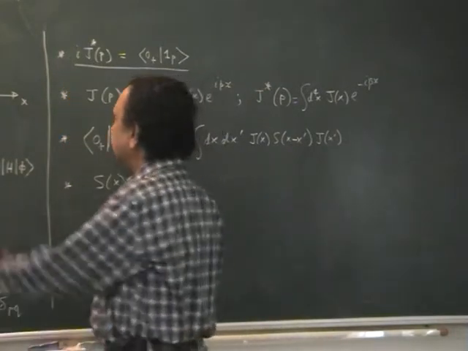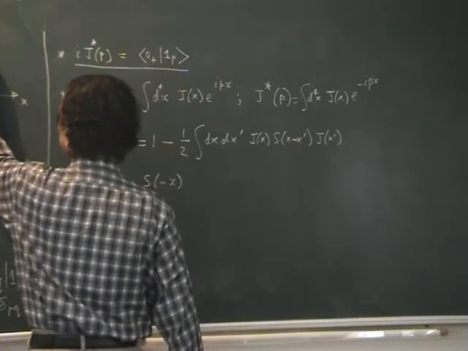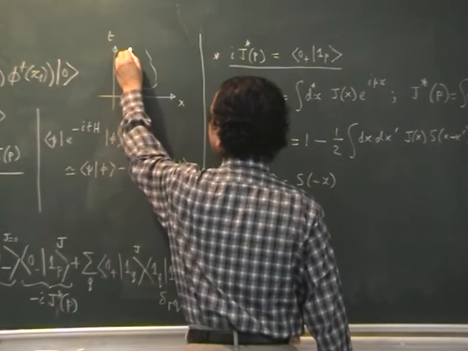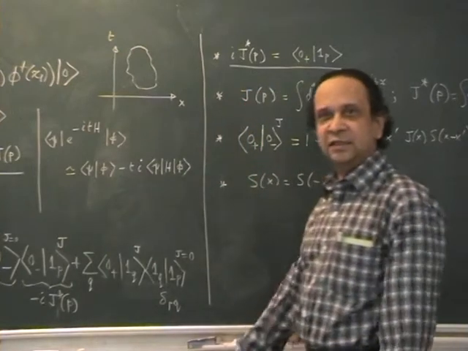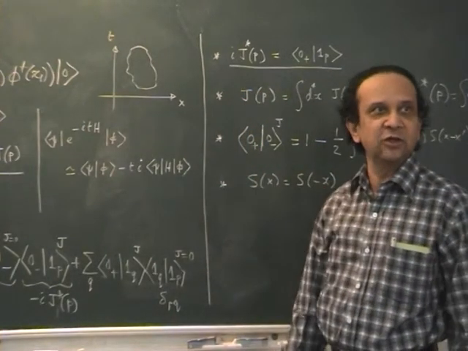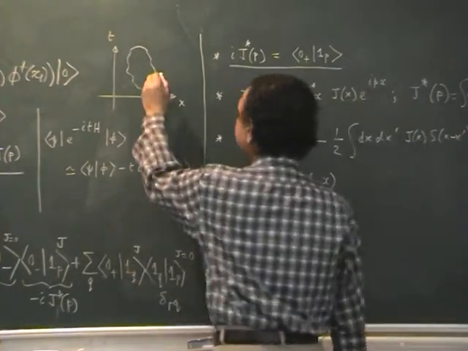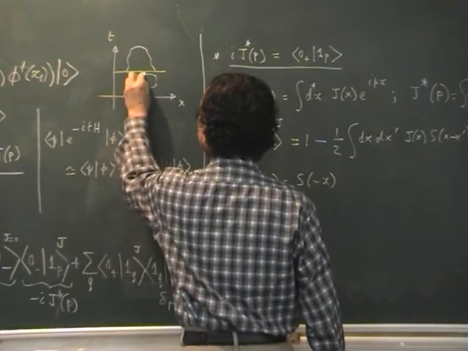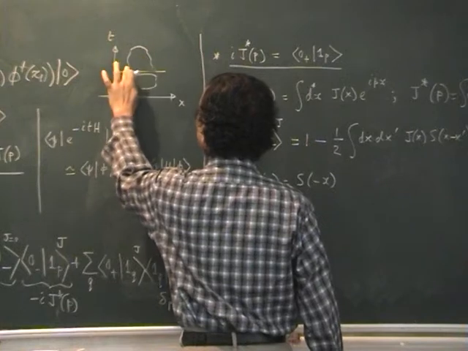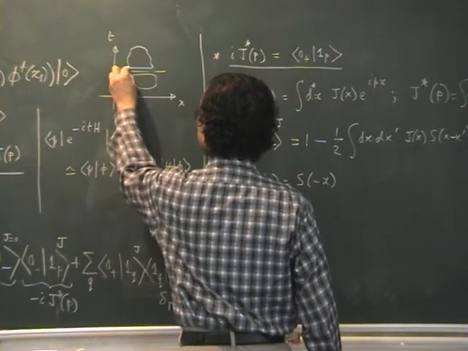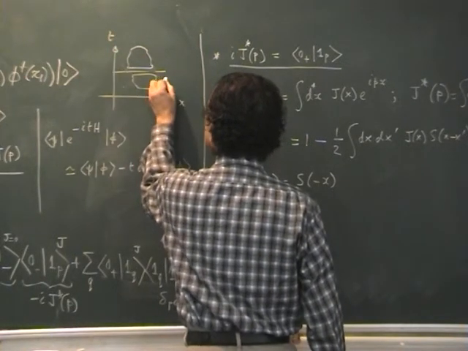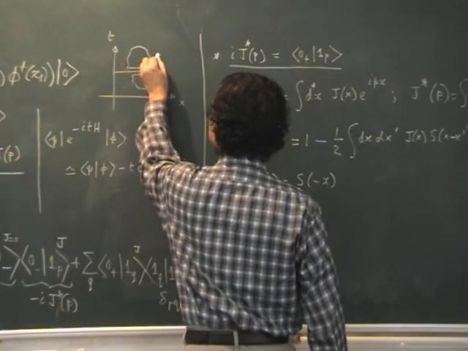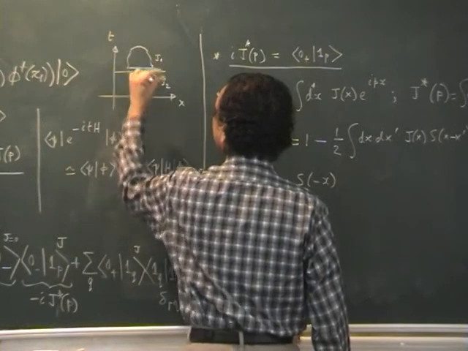Okay, so you can think of some J of x. This is just a caricature. In some space-time, suppose J of x is not zero here. You draw a line and you think of it as something here and something here. Call this J2 and this is J1. These are supposed to sort of merge together.